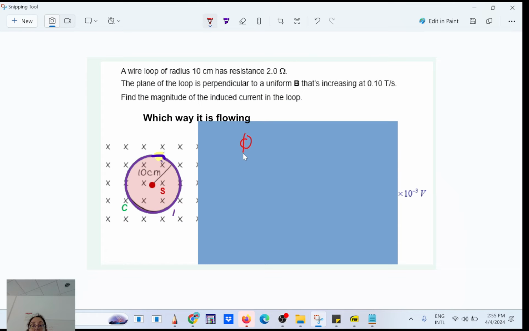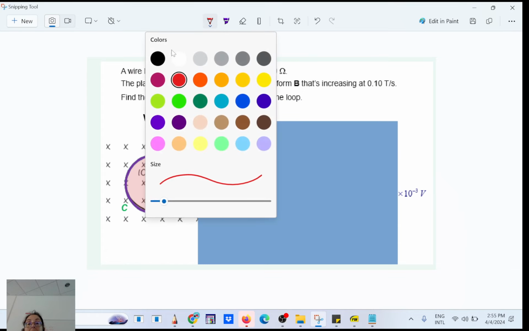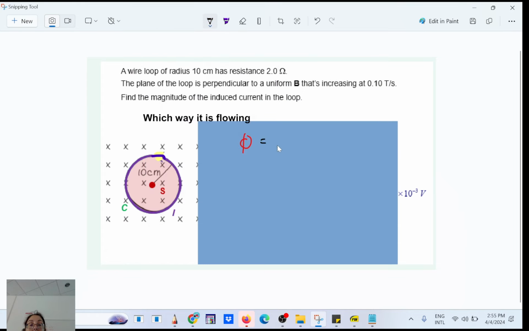So the magnetic flux equals the number of loops times B times A, and here there is a cosine, but we don't worry about it because it's going to be perpendicular. So you see, this is your membrane, and the magnetic field is poking through the membrane, and it's going to increase.